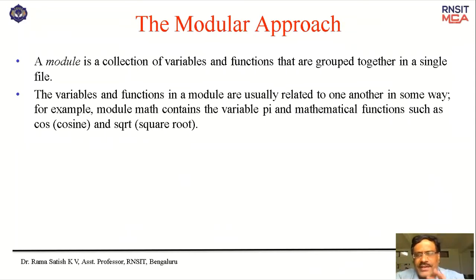That file itself we call a module, a single module. For example, the math module. In the math module you have all the mathematical functions stored. For example, pi is a constant, cos is a function, square root is a function, and just like that, there are many mathematical functions.